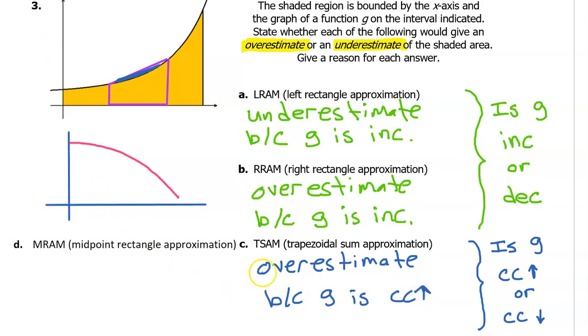Again, you don't need to memorize that the trapezoidal method will give you an overestimate in this case. Just memorize that for the trapezoidal and midpoint methods, it's all about concavity. And then you can just draw a quick sketch. So here, for comparison, is a function that is concave down.